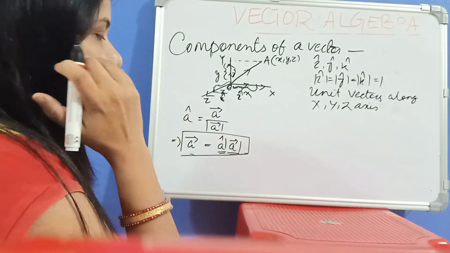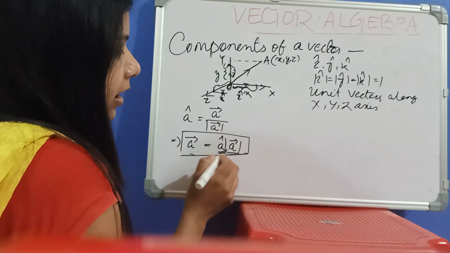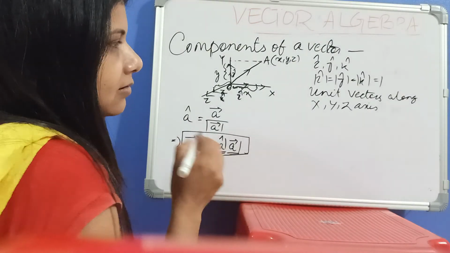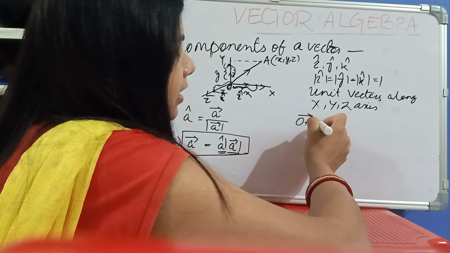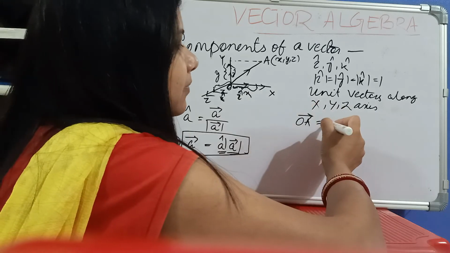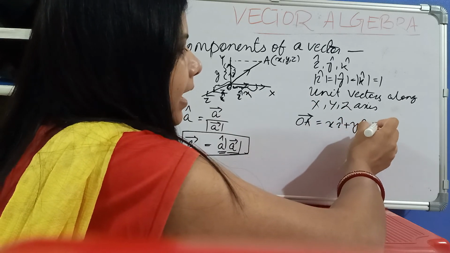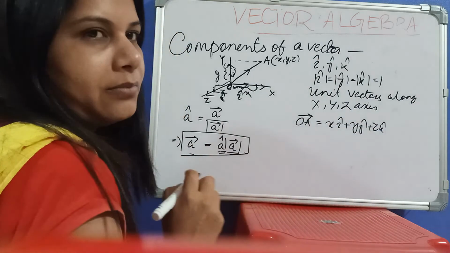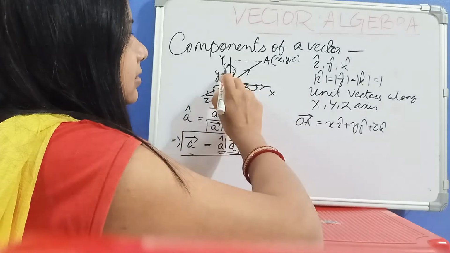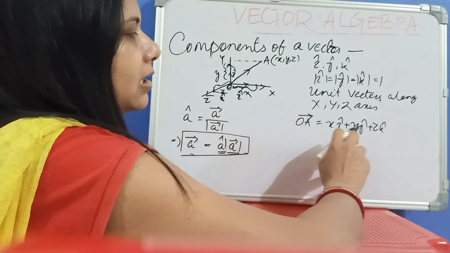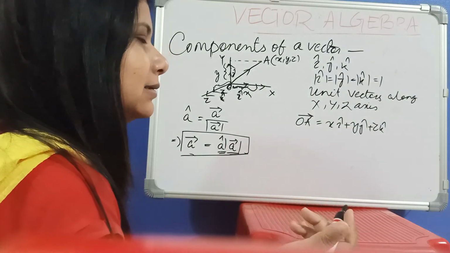As we have seen, a vector is nothing but the unit vector and the magnitude of that vector. So we write the OA vector as x i cap plus y j cap plus z k cap, where x, y and z are these intercepts and i cap, j cap, k cap are the unit vectors along the x-axis, y-axis and z-axis.